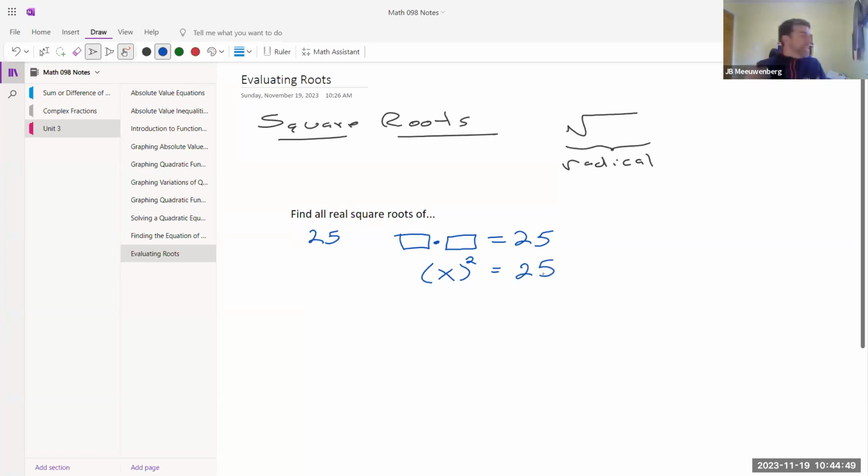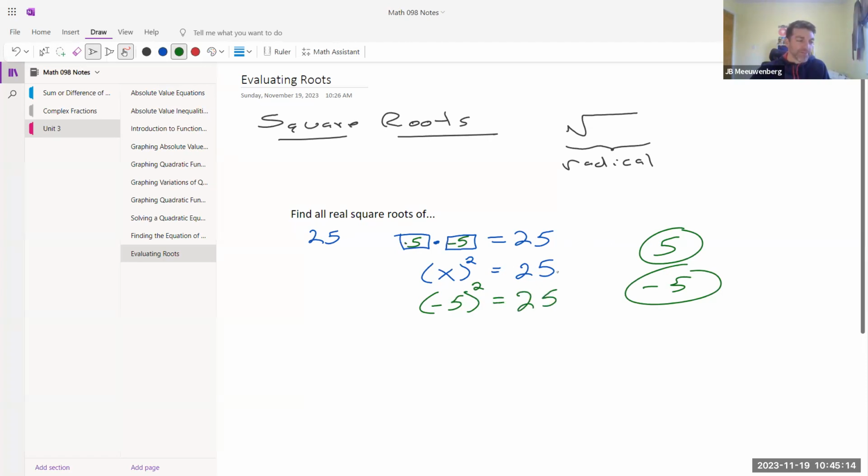And instantly, your mind probably goes to the number 5, right? You'd say, oh, 5 would be the square root. 5 times 5 is equal to 25. But there's also another number that makes that true. What is it? Negative 5. If I multiply negative 5 times itself, doesn't that also equal positive 25?